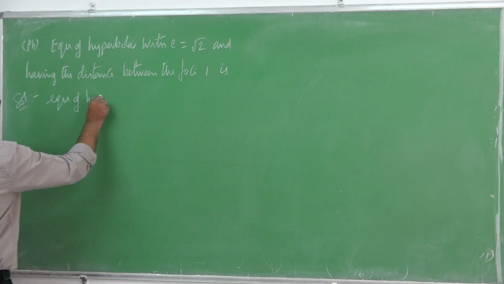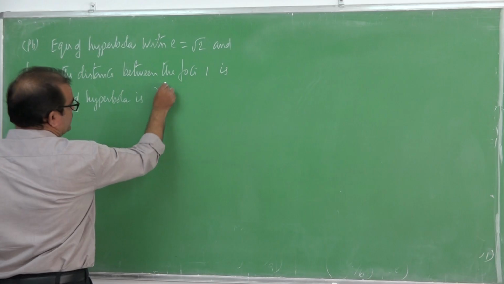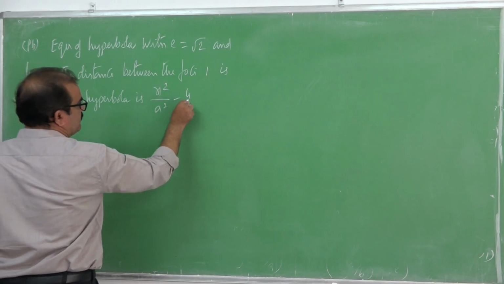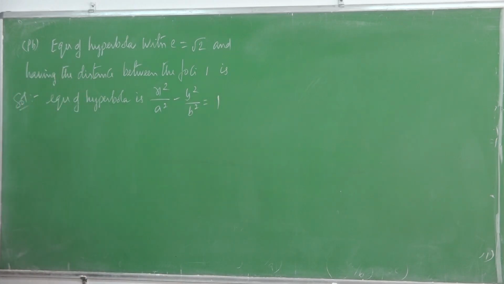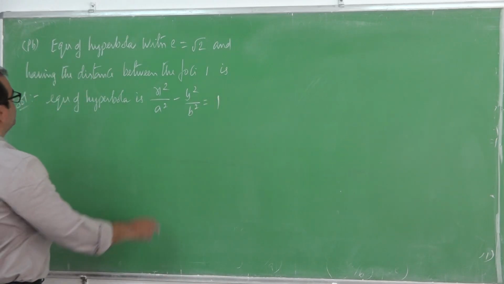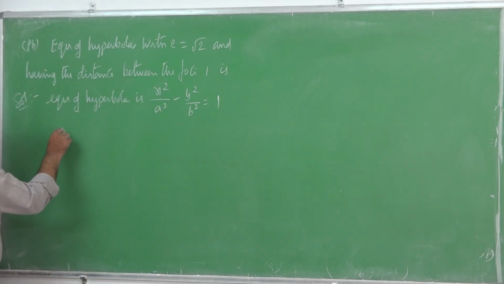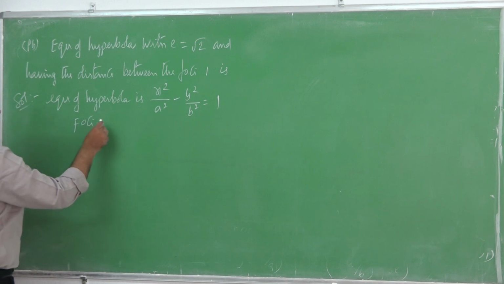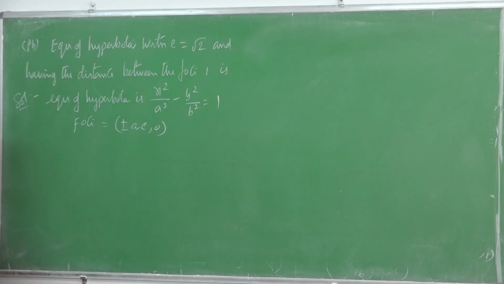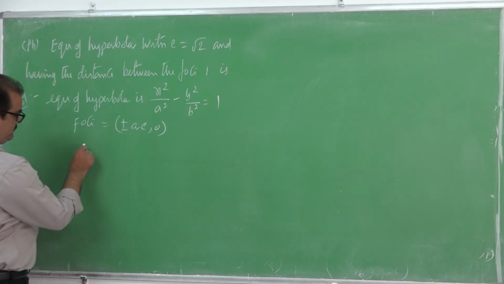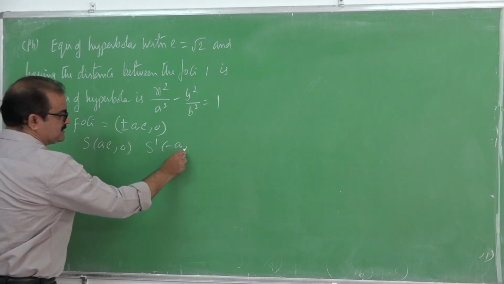Equation of hyperbola in standard form is x square by a square minus y square by b square is equal to 1. But what is given? A distance between foci is 1. What are foci? Foci of the hyperbola are plus or minus ae comma 0. There are two foci, S (ae, 0) and S dash (minus ae, 0).